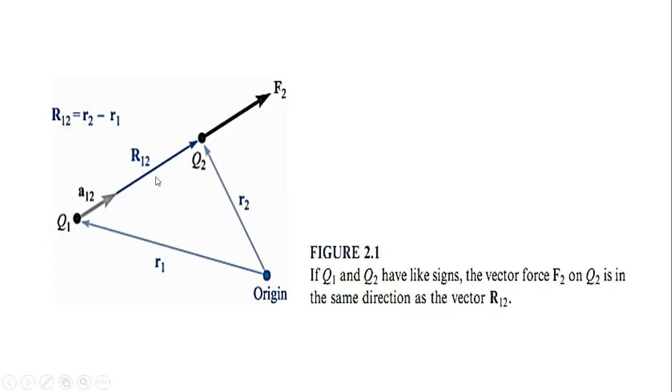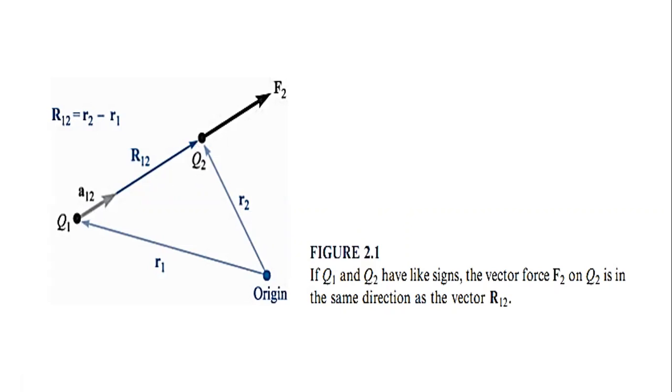In vector form, R12 will be equal to R2 minus R1, because this vector plus this vector will be equal to this vector. So R12 is equal to R2 minus R1.